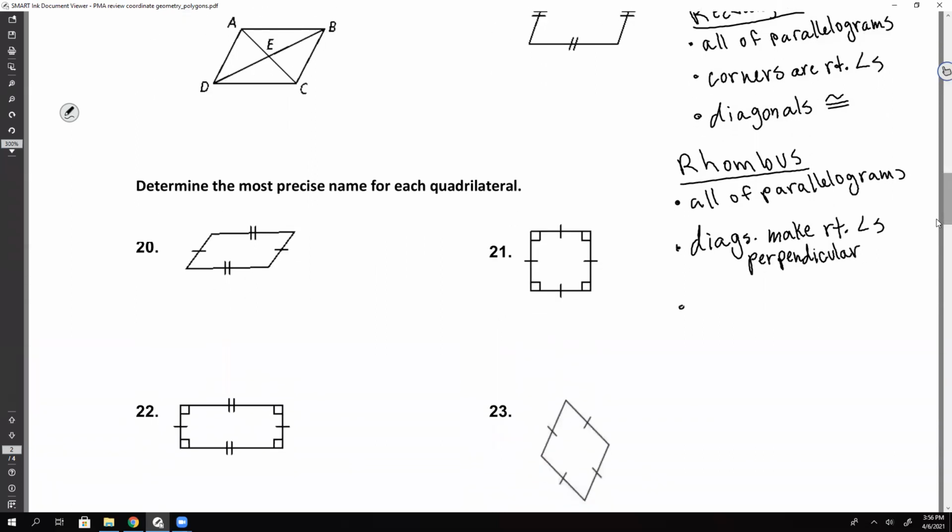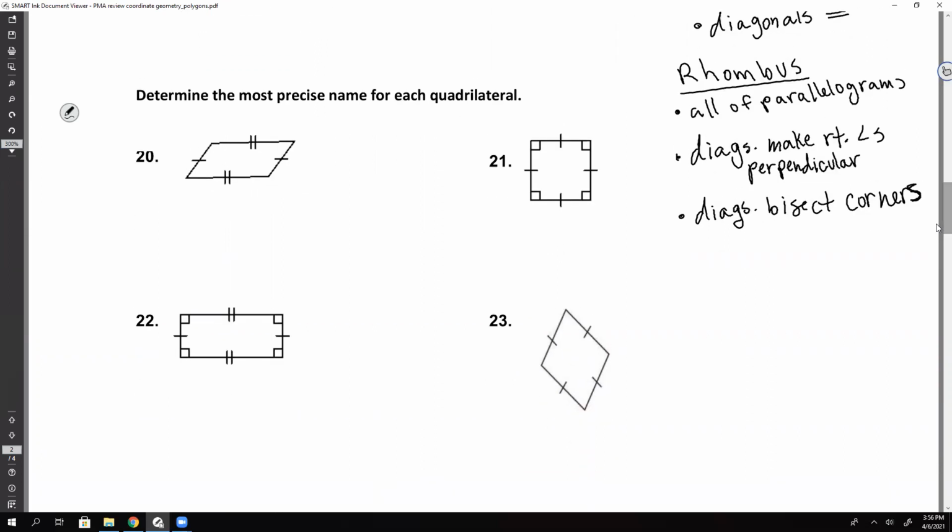And then your diagonals bisect the opposite angles. So they bisect the angles on the corners. So I'm just going to say they bisect the corners.